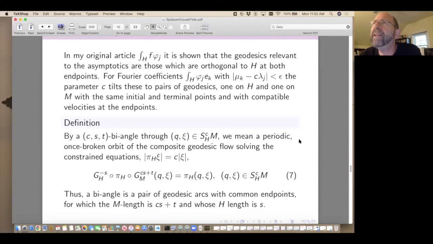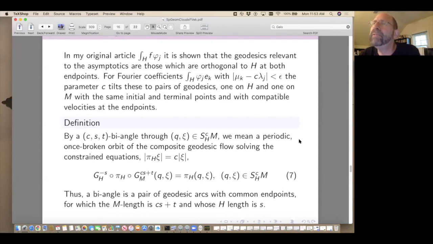And it's more complicated than that, actually. Something new happens when c is greater than 0, which is that you don't just get geodesics of the big manifold M which make an angle with respect to the submanifold. What you get also is what we call biangles, which is that you have geodesics of that kind in M, but they're connected by a geodesic of the submanifold.